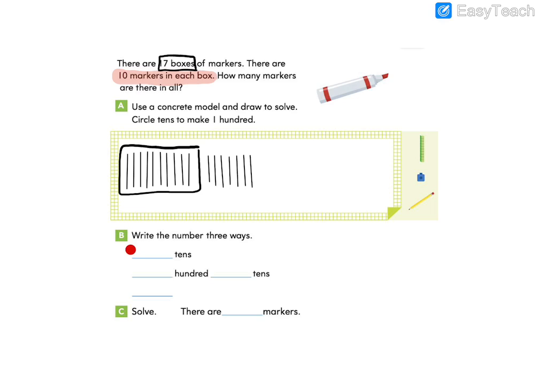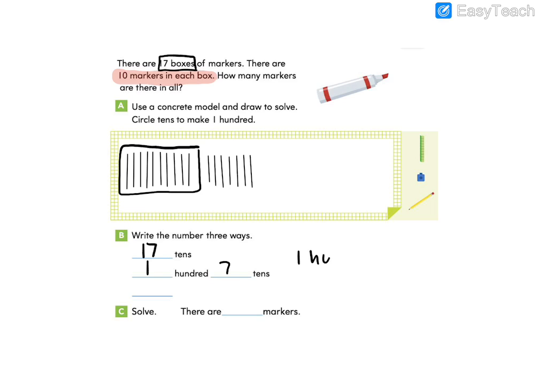How many total tens were there? You should have written that there were a total of 17 tens. Remember, there are 17 boxes of markers, and each box had 10 markers. How many hundreds did we circle? There was 100 and 7 tens remaining.